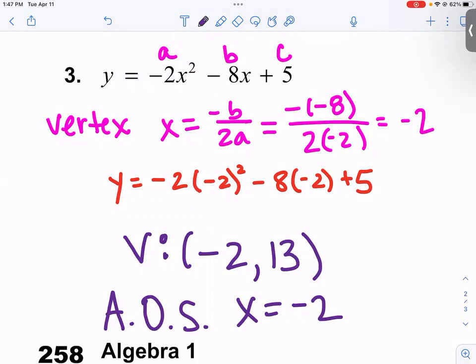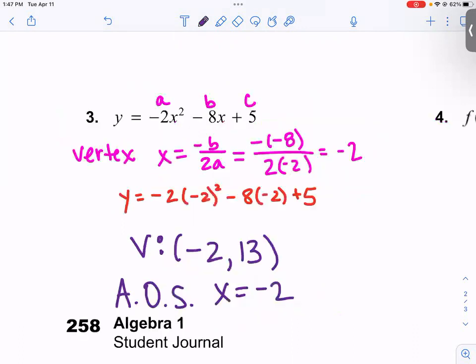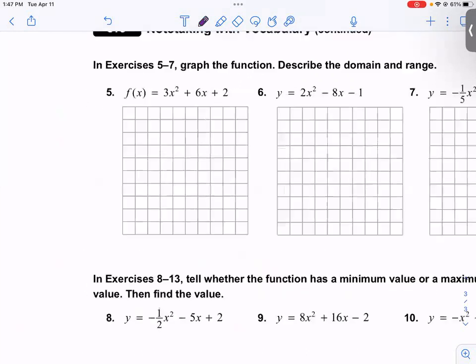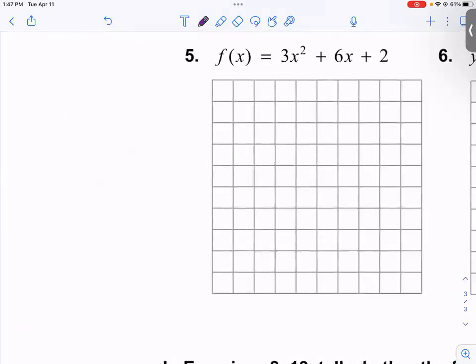Okay. How about we graph one of these? What? We have a question. So Jada thinks. Okay, just get it out. Echolocation. What is it?